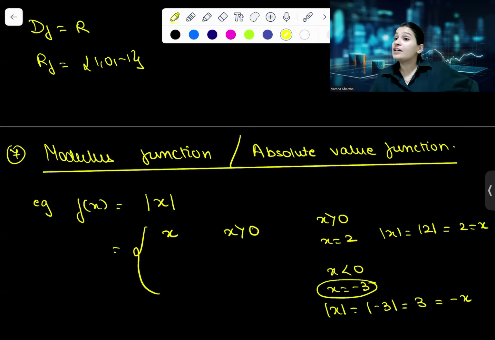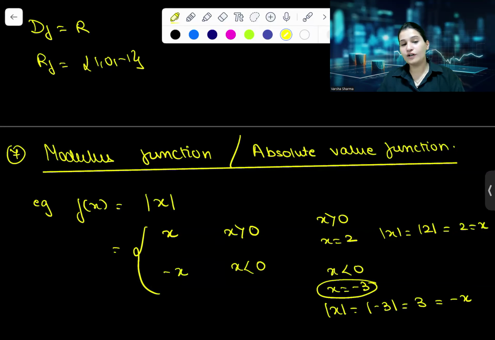X is minus 3, so I've written another minus before it so that it becomes minus minus plus. X is minus 5, so that's why I put another minus sign before it so that it becomes minus of minus 5, plus 5. So if x is a negative number, then it will become minus x.